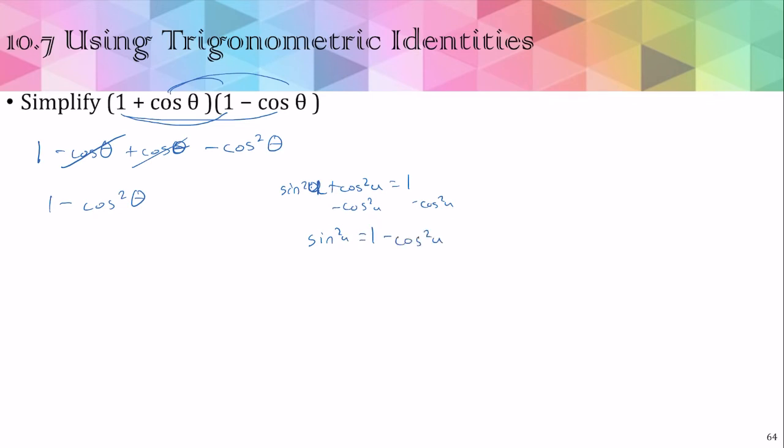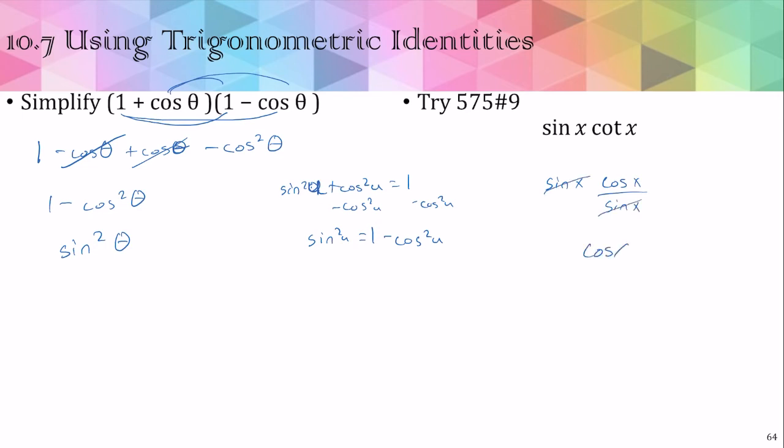So 1 minus cosine squared is sine squared. Why don't you pause this and try number 9? Cotangent is cosine over sine. The sines cancel and you're left with cosine.